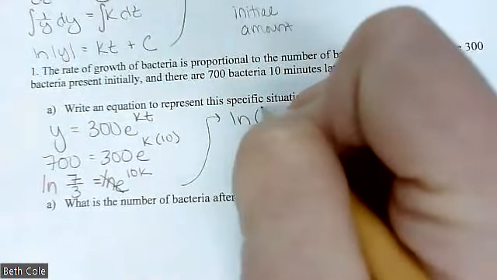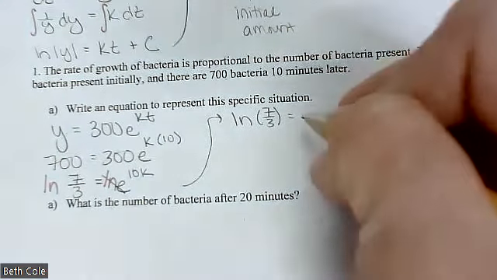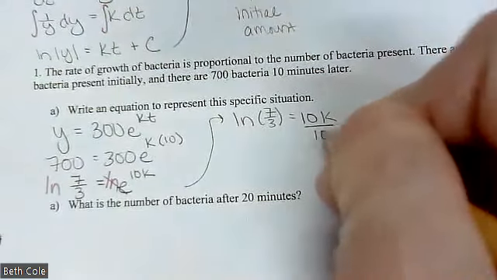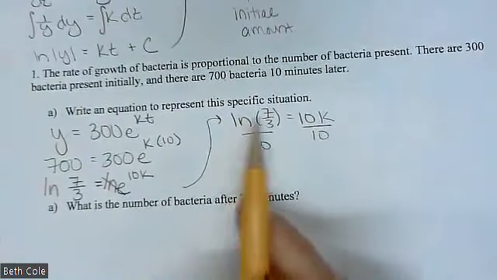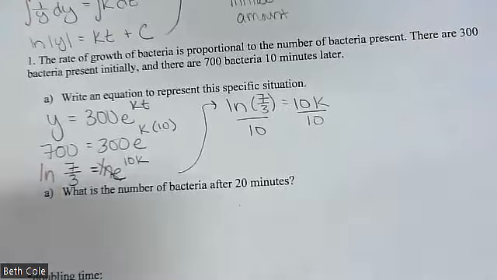So we'll have ln of 7/3 equals, what was left? 10k. And then what's your last step? Okay, here's where the calculator comes in. You're going to type in ln 7/3 divide by 10 and get some crazy decimal. Your ln button is kind of next to the 4.